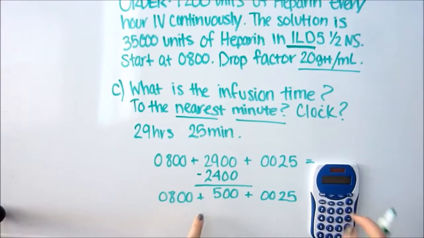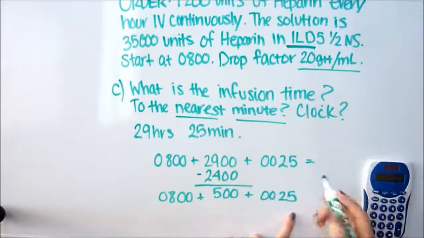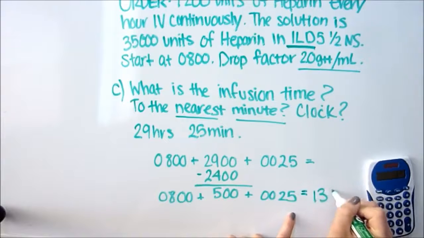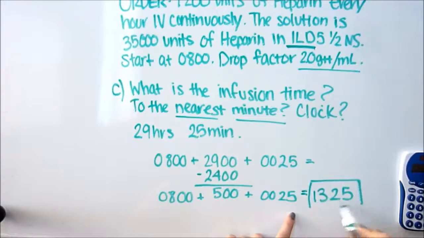So we can go back to our calculator. 800 plus 500 plus 25 equals 1325. And that is the time on the clock that we will finish our infusion.